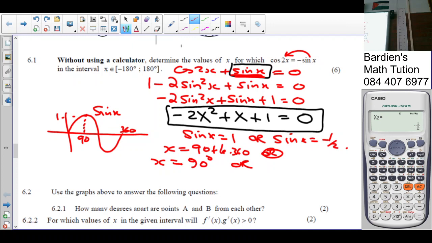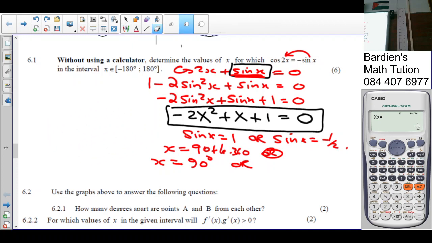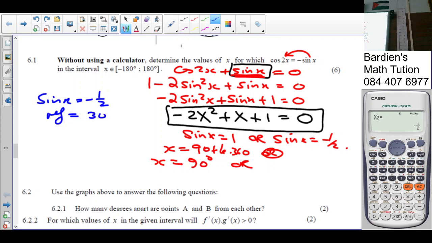Or on the other hand, my reference angle, then, we got sine of x equal to negative half. So for my reference angle I take arcsine of half. I drop the negative, I use positive angles. It's going to give you 30 degrees. That's also coming from the special angles. So the question we should ask ourselves: in which quadrant is sine negative? Sine is negative in quadrants 3 and 4.